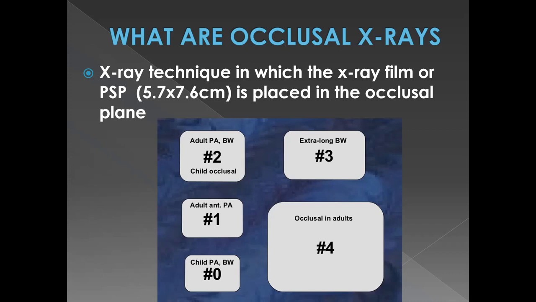There are two types of image receptors in that regard. One is called a PSP, and one is called the charge-coupled device, or CCD. Both are quite useful for recording intraoral X-rays.